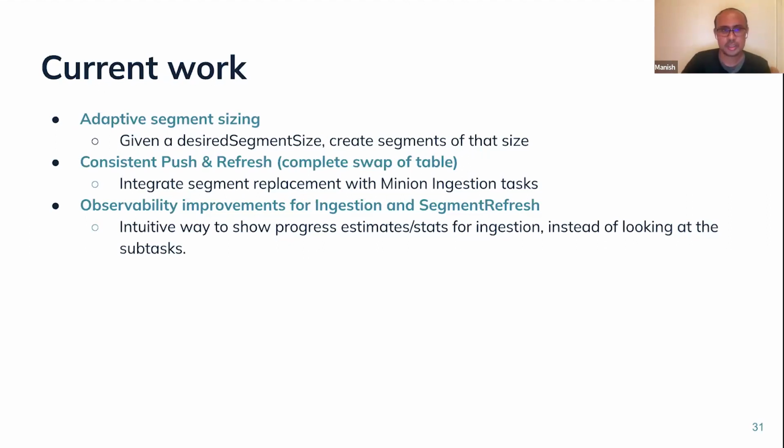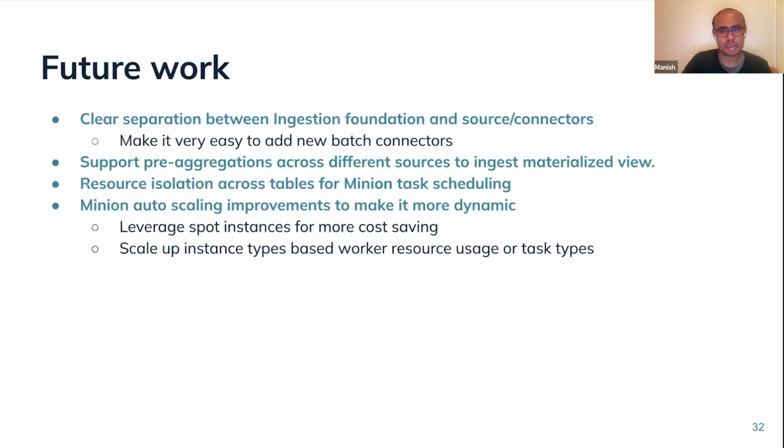And some future work we're thinking about. Right now some of the things are coupled together. We have connectors, and then we have file ingestion, SQL ingestion, and so on. Some of these are intertwined, the foundation pieces and the source specific connectors.